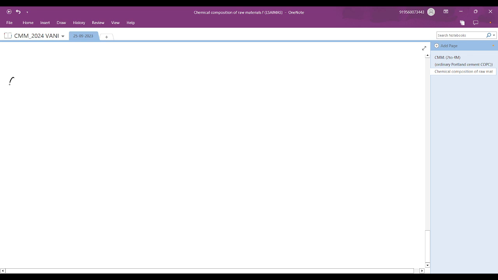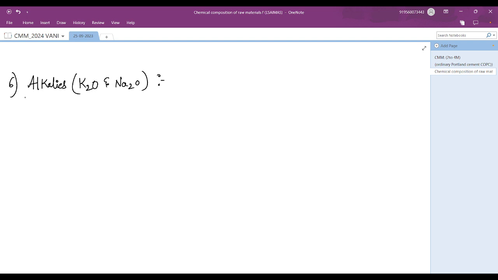After this, alkalis. They are mainly K2O and Na2O. These alkalis are present in the cement due to the impurities of the clay. Due to the impurities present in the clay, these alkalis are present in cement as trace elements. So they are unavoidable.